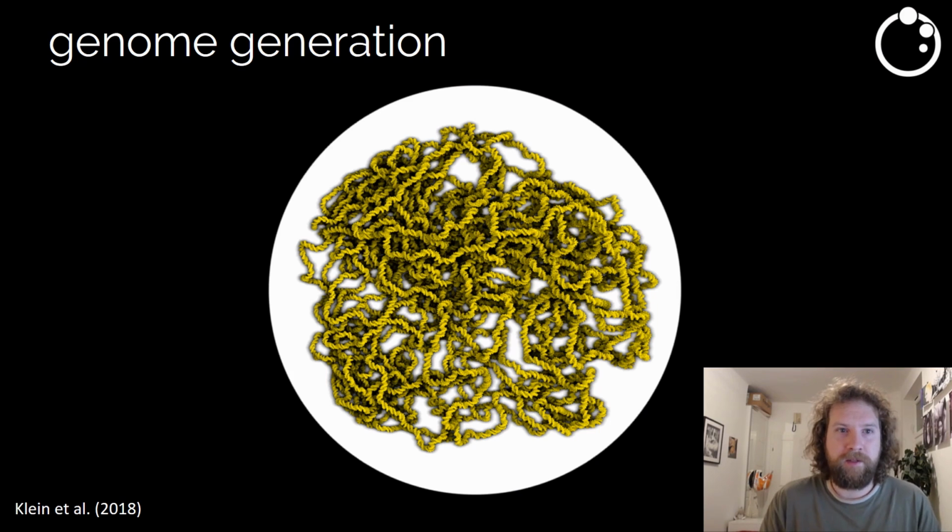And we also did this for generating genomes, so DNA or RNA molecules, which are very long molecules created from several bases which are linked together in a long chain. We made a generator which can create this in real time. So we can create these long molecules in our models without having to do this manually, or without having to wait a long time while it's generated with CellPack.